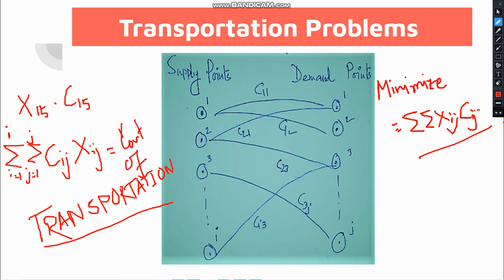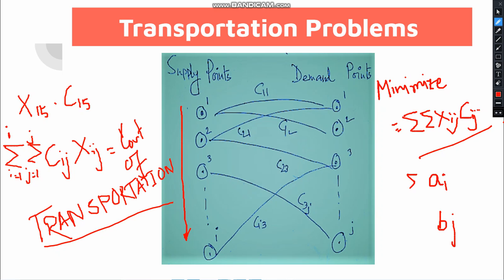Now let us consider the total supply, considering all the points, that means 1 plus 2 plus 3 up to I. Let us consider the total supply or the availability is Ai, and let us consider the demand is Bj.